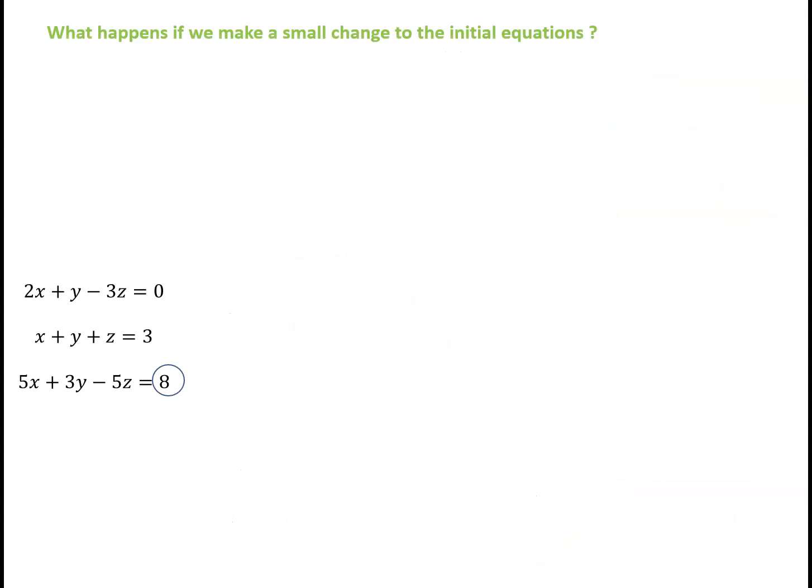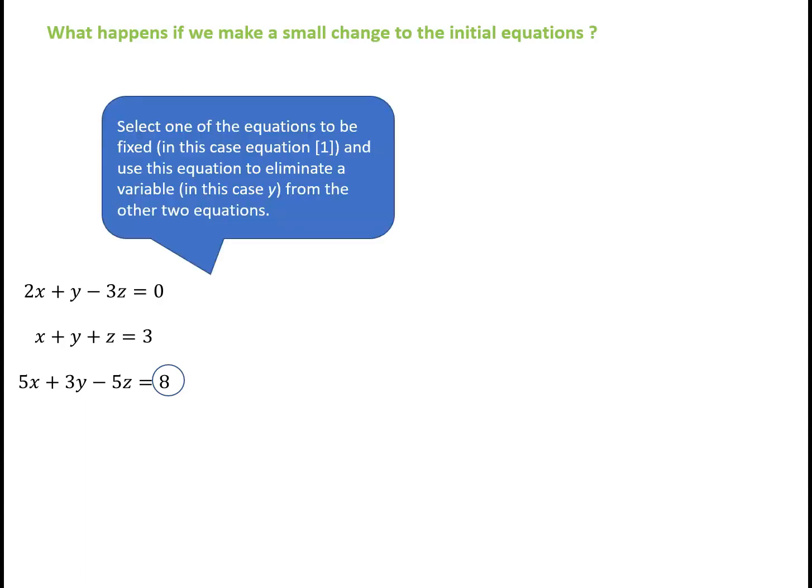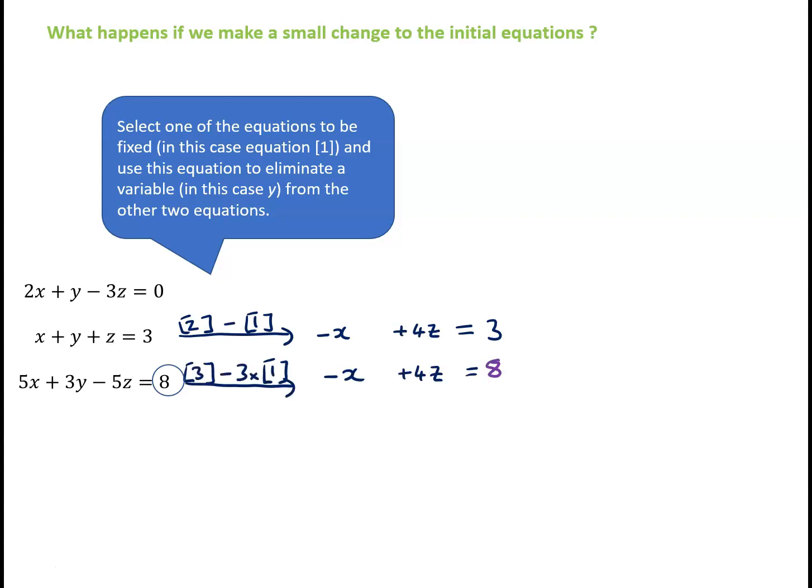Now let's make just a small change to the set of initial conditions. Okay, so we've got exactly the same set of equations as before, except the final coefficient has changed to 8. Going through the process of reduction to echelon form exactly as before is going to lead me to that.